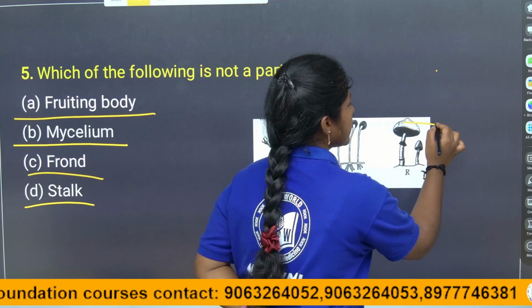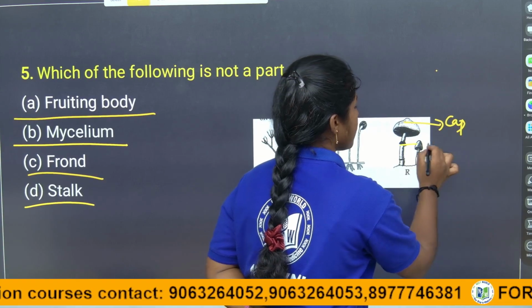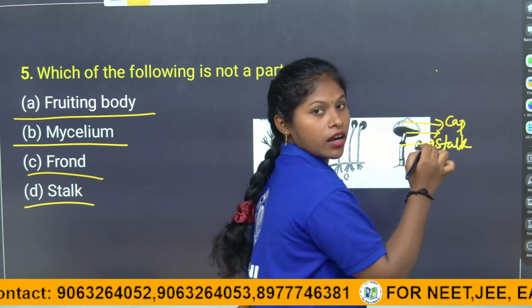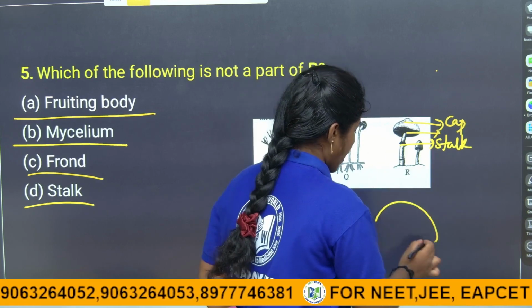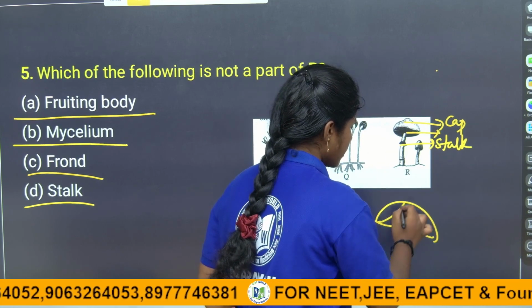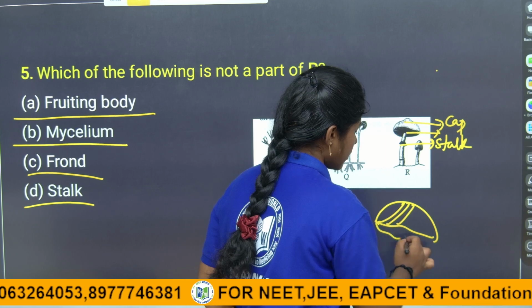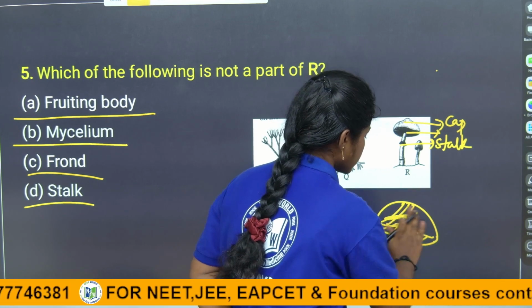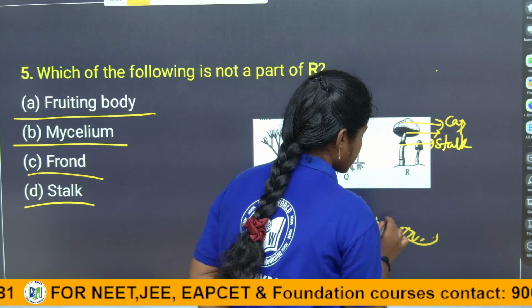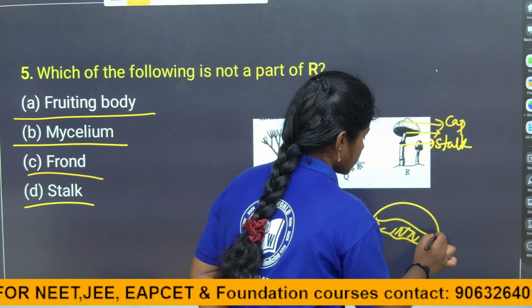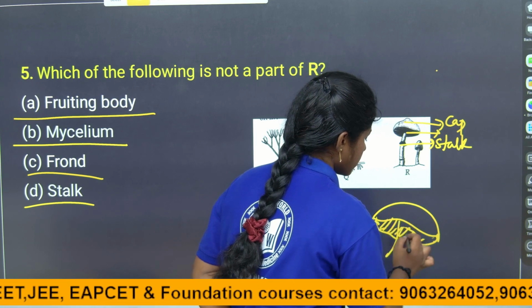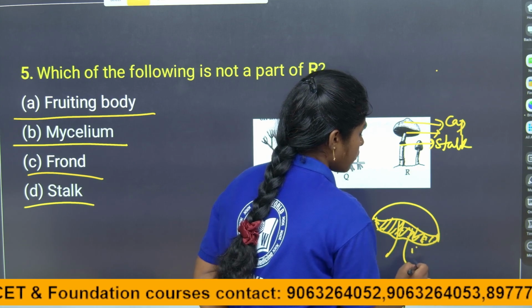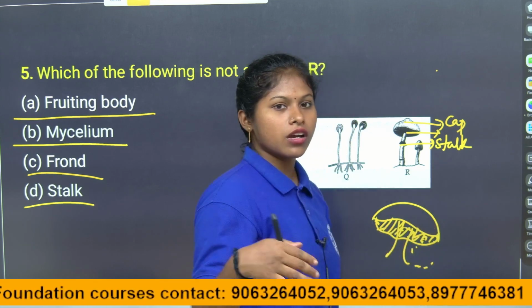Here, the cap-like structure, stalk, and spore producing area have slit-like structures, children. They produce the spores. In ideal conditions, they again give rise to new mushrooms.